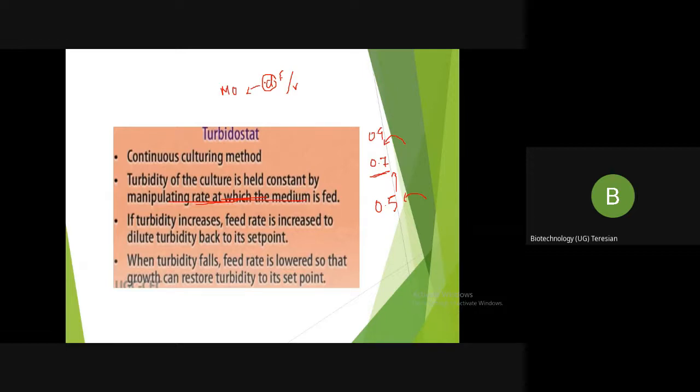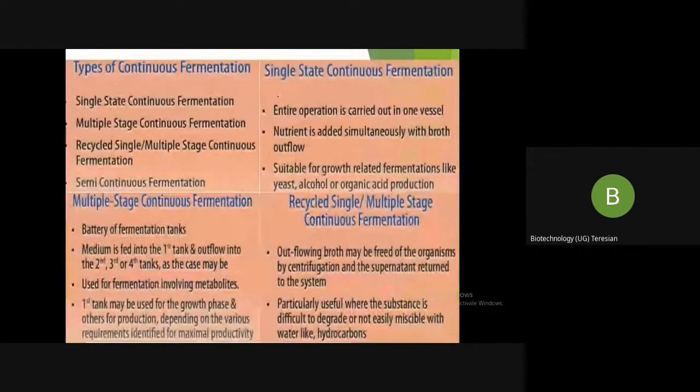The rate at which the culture is diluted governs the growth rate and yield. Hope it is clear. So in the chemostat, everything is maintained in the steady state. That is what you have to remember, and only your dilution rate is variable, because it governs the growth rate and the yield.